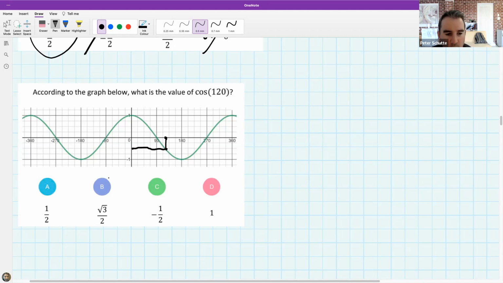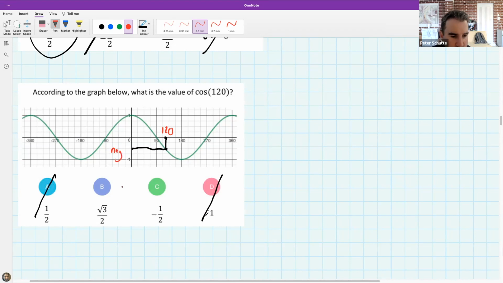So I think I'm going to cross out A and I'm going to cross out D. And the reason is, if this is 120 on the x-axis and I look at the y value I'm getting, it must be negative.